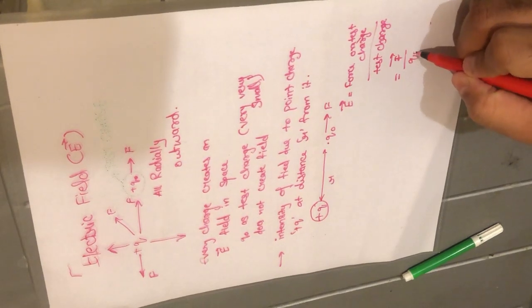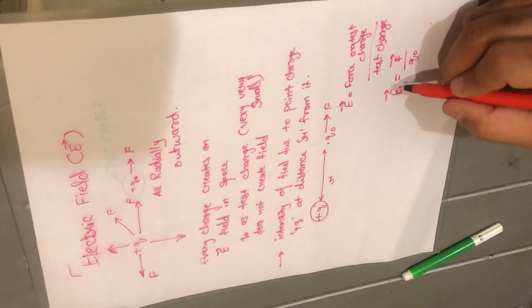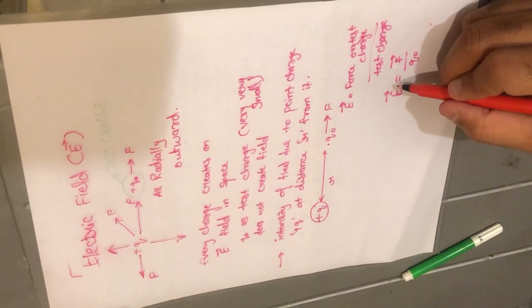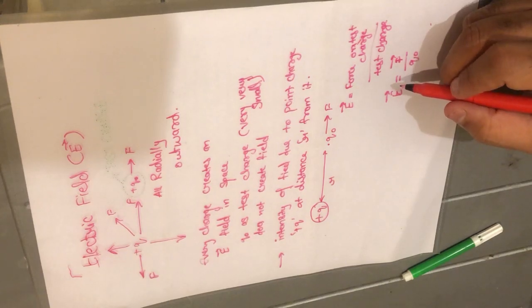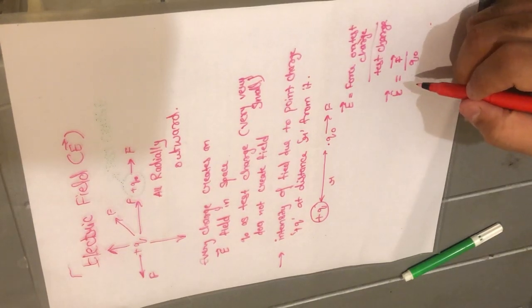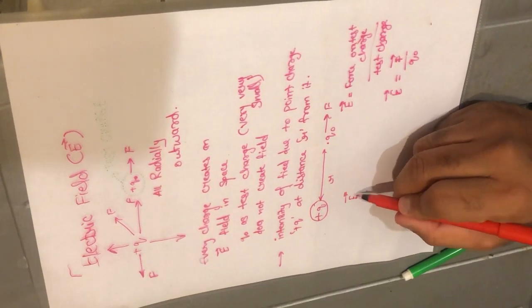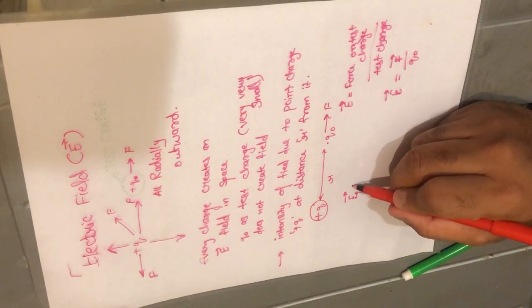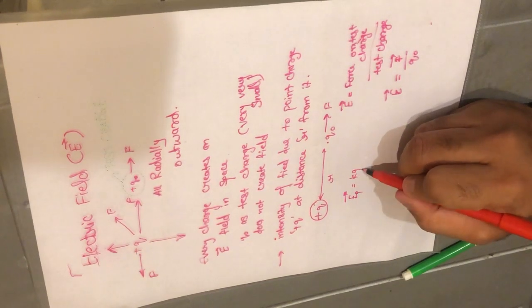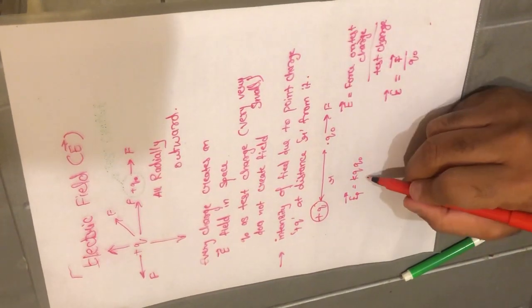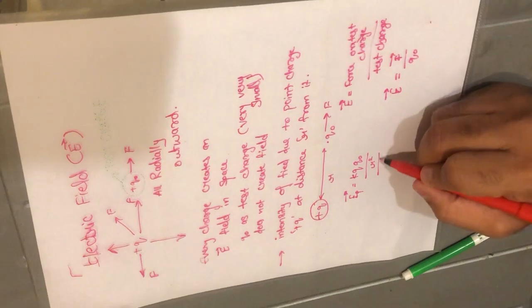So the force on the test charge is F vector divided by the value of the test charge, which we take as q naught, because right now we don't have any numerical value. So the final formula for the electric field of a source charge will be equal to the force acting on the test charge divided by the test charge itself.